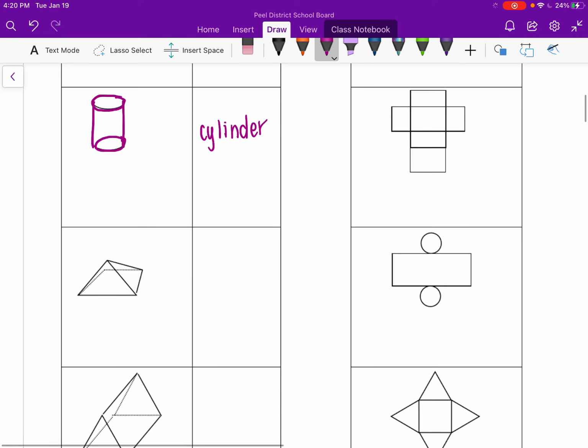right? Then we have the square based. It's not a prism because you're not attaching via parallel lines, but you are attaching to an apex and it kind of looks like a pyramid. So we call this a square based pyramid because they're all joining on the side via these little triangles, right?